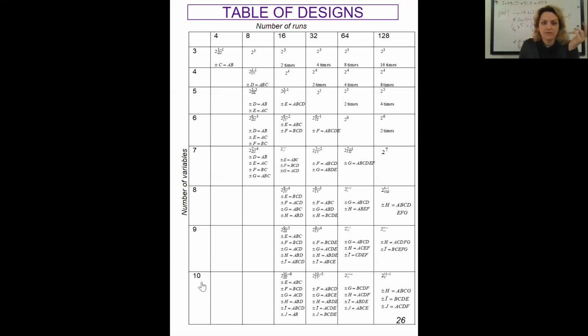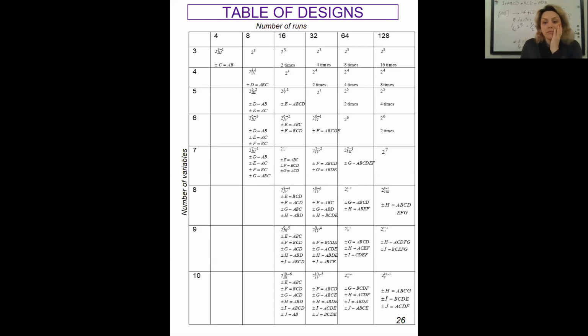Let's say I have 9 factors, and the number of runs that I have is 32. Then I can write down 2 to the power 9 as your full factorial, but 2 to the power 9 minus 4 is going to be my fractional factorial, and the resolution that I have is going to be 4 here.